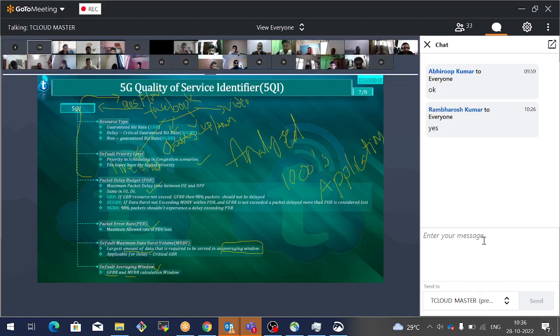For each one of these services, the respective six properties would be different. So depending on what exactly Facebook is going to do right now, the corresponding quality of service flow needs to be created with the perfect 5QI value.